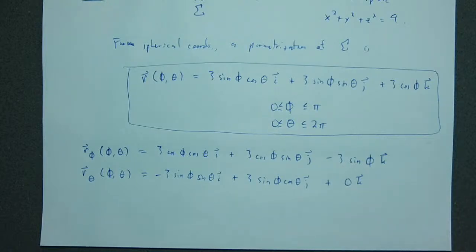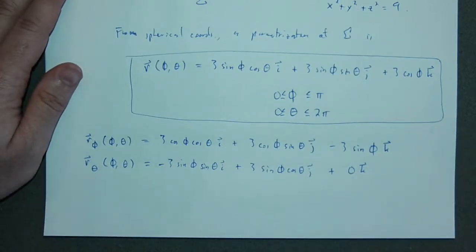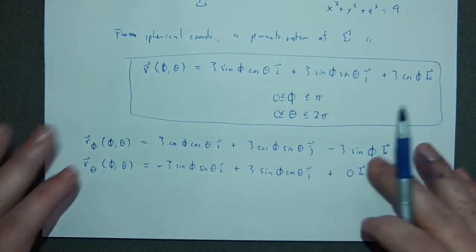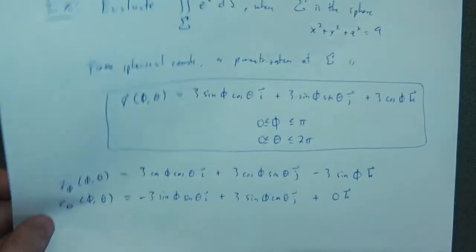Now I need to compute the cross product of these two. So you see how we're touching on literally every section, every chapter, being touched on here.